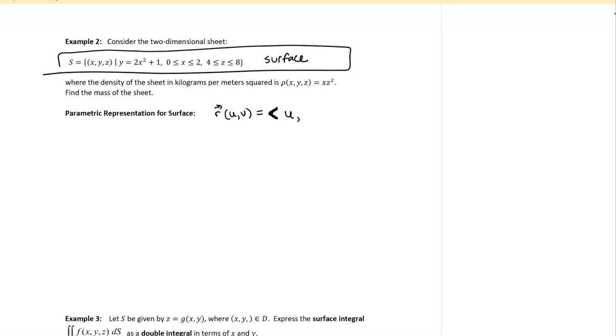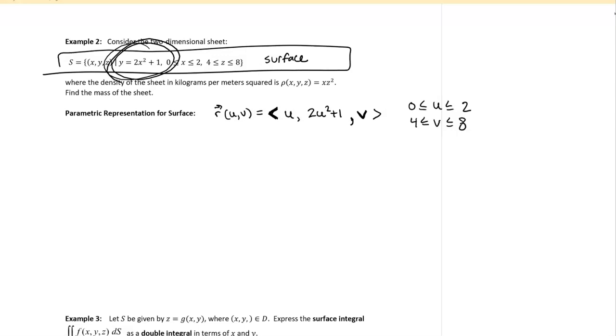So then we can call y 2u squared plus 1, getting that from right there. And then z is not defined through x or y things, so that gets to be on its own, so maybe we just call that v, where u is bounded between 0 and 2, and v is bounded between 4 and 8.